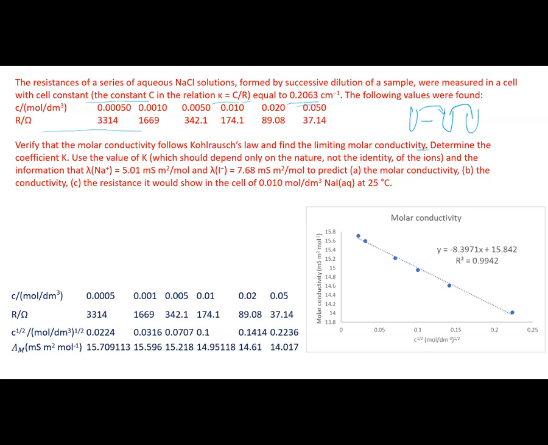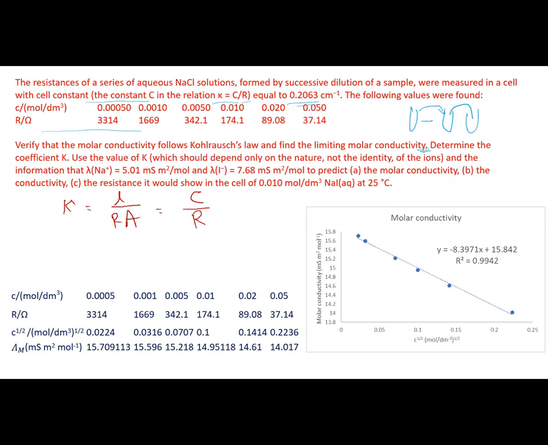So let's solve the first problem, then go to the other one. As mentioned in the previous problem, we know this relation where kappa is equal to L over RA, right? And I said L over A is something called the cell constant. So we can write this as C over R, where C is the cell constant.